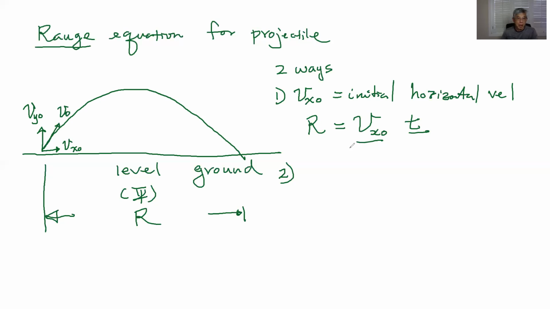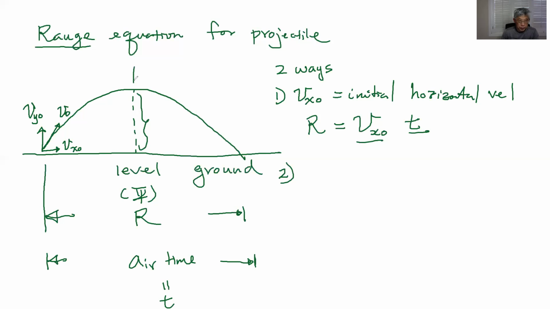Okay, so the T here is the air time, right? So from here to here, it requires some time. So this is the air time. The projectile stays in the air for this much of a time. So this is the T that we use here. That's the T. Okay, but we can calculate this, you see? We can calculate this.